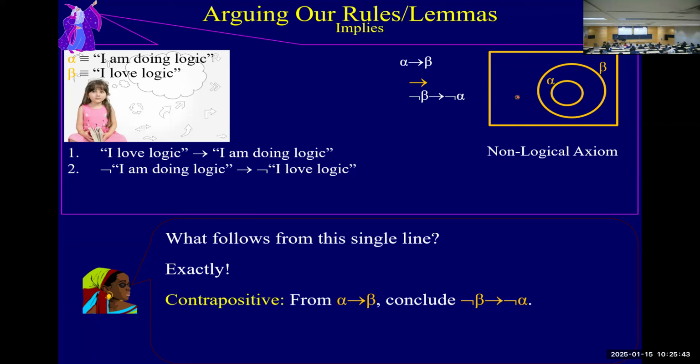So this says if this is true, then this is true. If I'm a hound, then I'm a dog. But if I'm a dog, does that imply that I'm a hound? No. If I'm not a dog, does that imply that I'm not a hound?